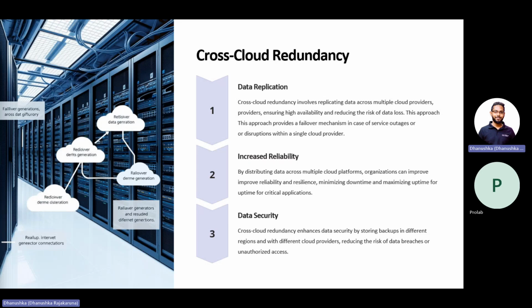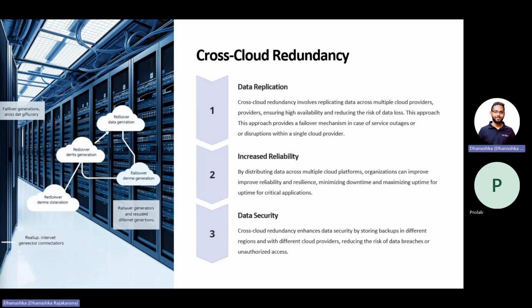Core components of cross-cloud redundancy are data replication, increased reliability, and data security, like encrypting data in transit and at rest. The benefits of cross-cloud redundancy are fault tolerance and high availability, optimized performance, compliance and data sovereignty, like storing data in compliance with regional regulations by leveraging multiple geographical locations, cost efficiency, scalability, and flexibility.